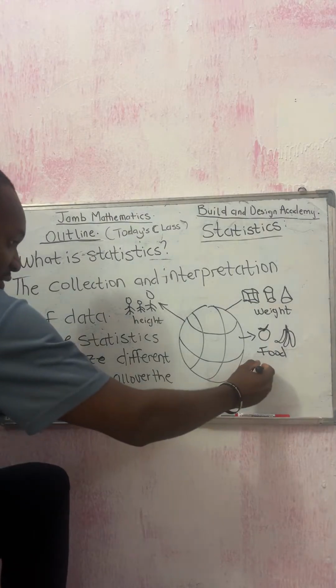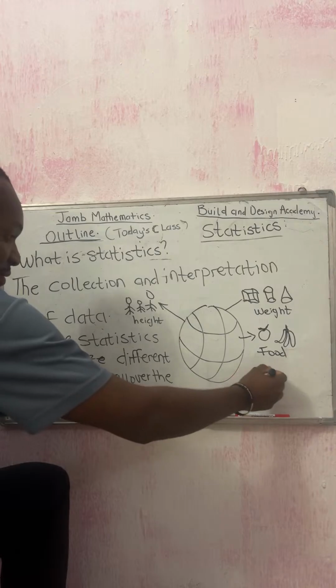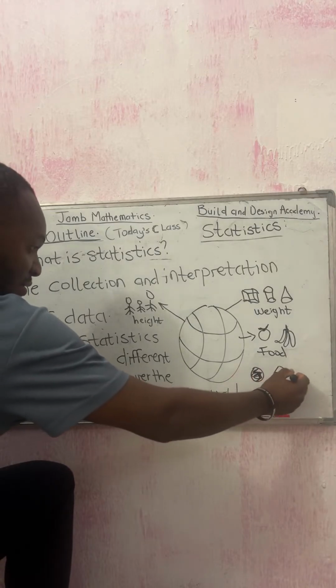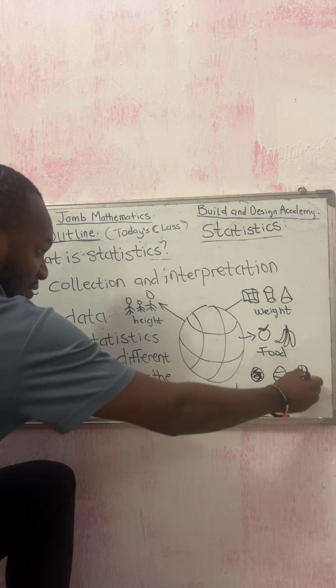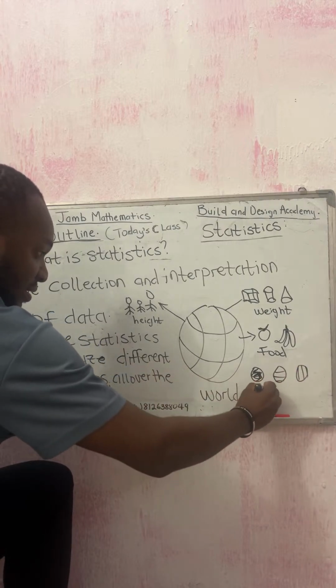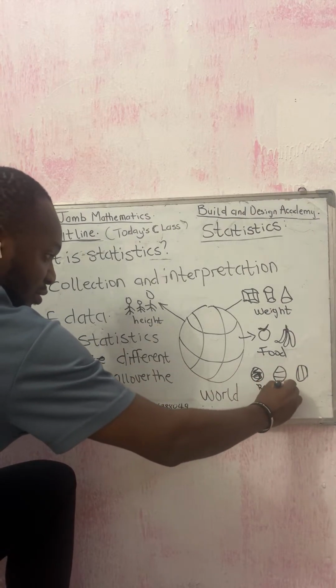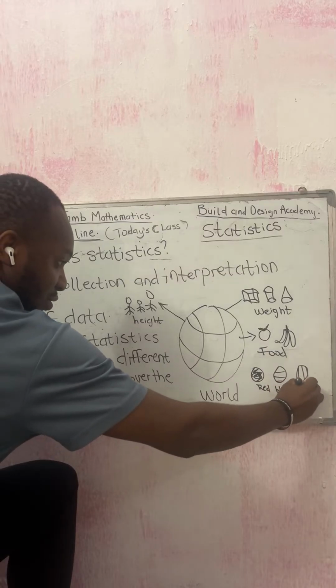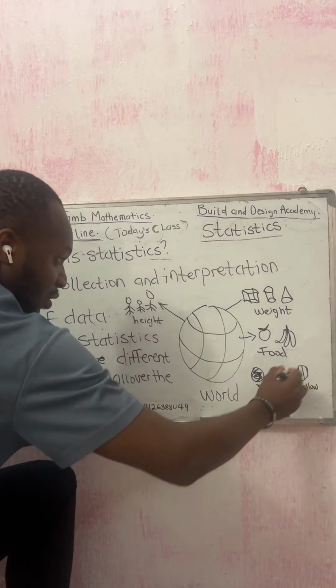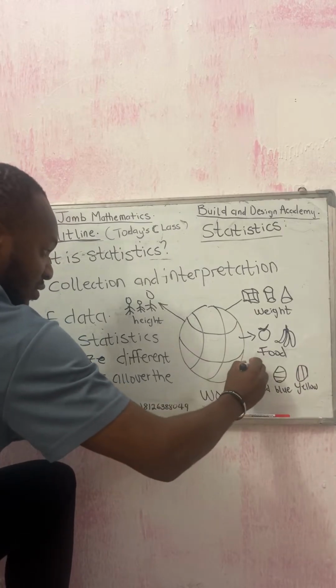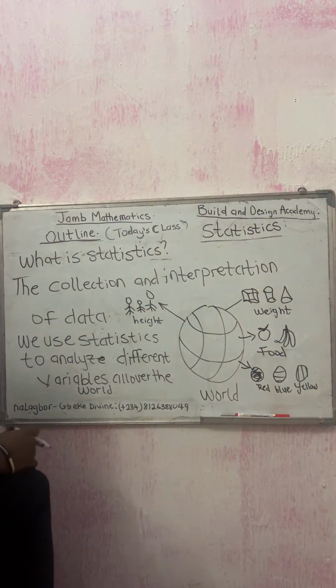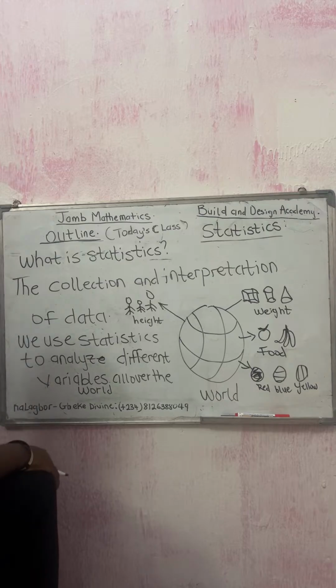We have this color, we have another color, let's say this is red, this is blue, and this is yellow. So they are all colors. So we use statistics to analyze colors, to analyze height, to analyze food. All over the world, statistics is used for analysis of different variables.